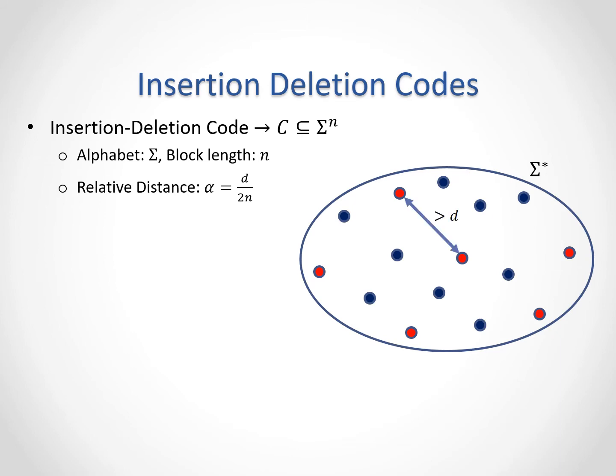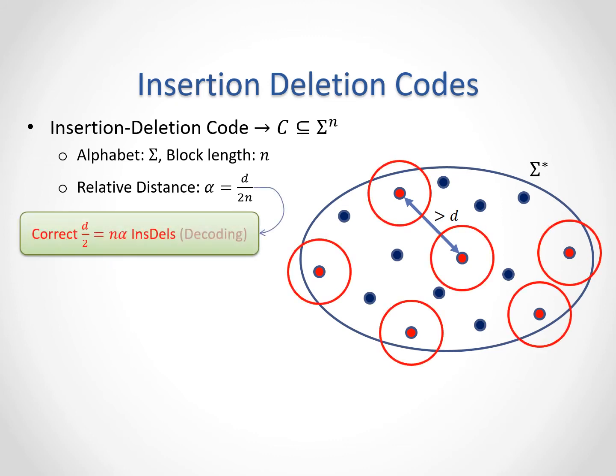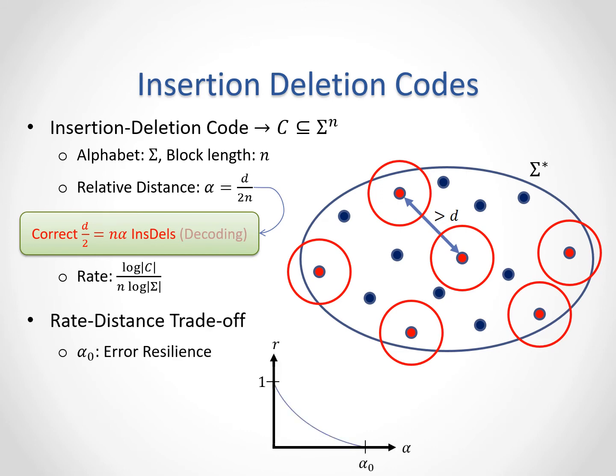We define the relative distance as the normalized minimum distance of this code, and if the relative distance is high, you can correct from higher fractions of insertions and deletions. The notion of rate would be defined similarly, and a very important natural question here is how is the trade-off between rate and distance? In other words, if you would like to have a code that has a certain minimum distance between its code words, what would be the highest rate that we can achieve?